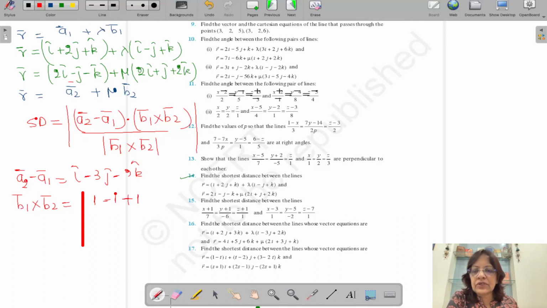In the first row, if you remember the cross product, we write i, j and k, right? So it will be i, j, k. Then we write 1, minus 1, 1, and the components here are 2, 1 and 2.